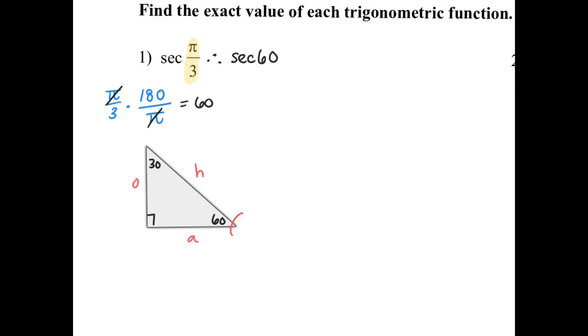Across from my 30 is 1, across from my 60 is root 3, and across from my hypotenuse is 2. The 1, root 3, and 2, that's just something that you have to memorize. If you know this and can think of it very quickly, these problems are going to come to you faster and faster.